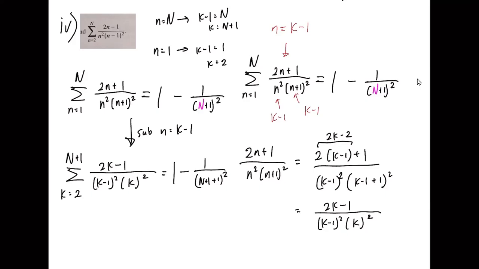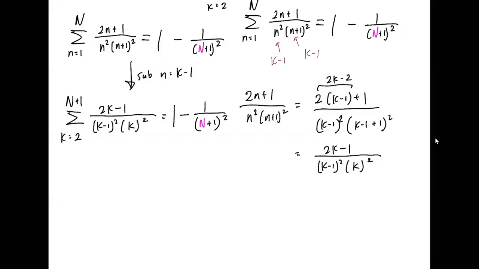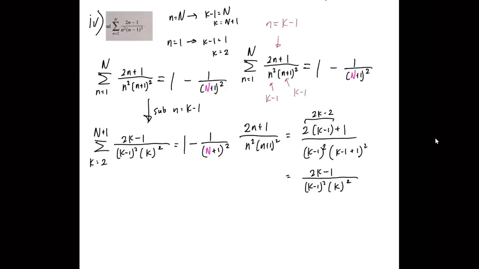Or would it not change? Let me think a little bit. Sorry, the final answer should not change. Whenever you do a simple substitution, only the expressions and the limits change. The final answer doesn't change.